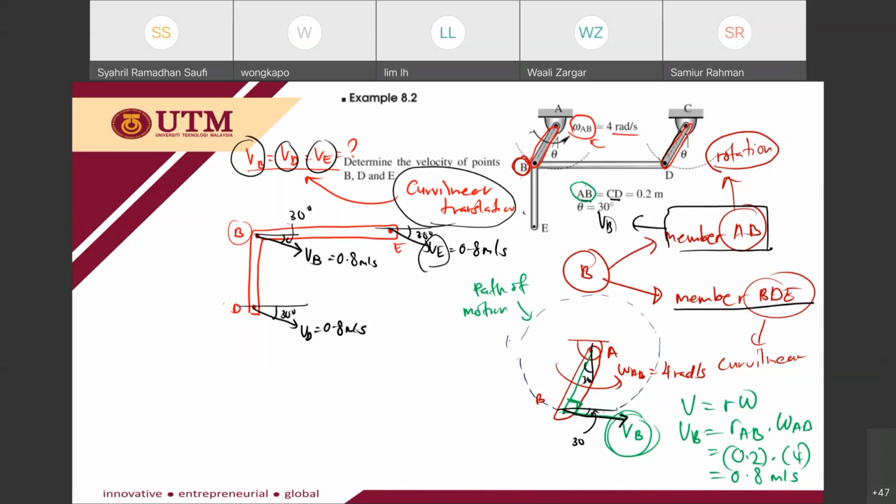This one is D, this one is E. From VD is equal to RCD times omega CD, VD is 0.8, RCD is 0.2, times omega CD. Omega CD is equal to 4 radian per second. So basically, since AB and CD have the same length, the omega is the same: omega AB is equal to omega CD.